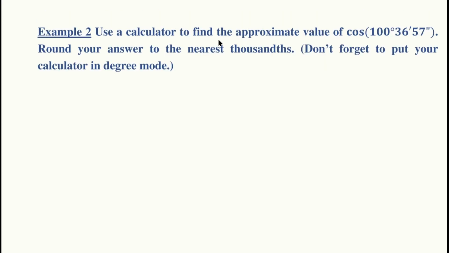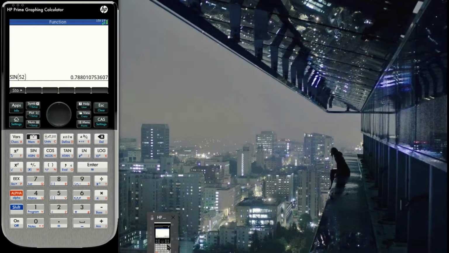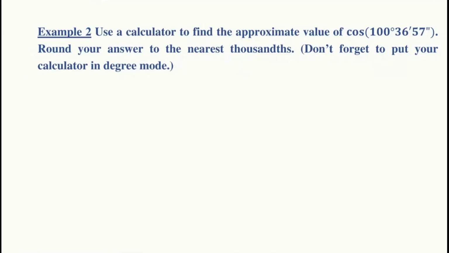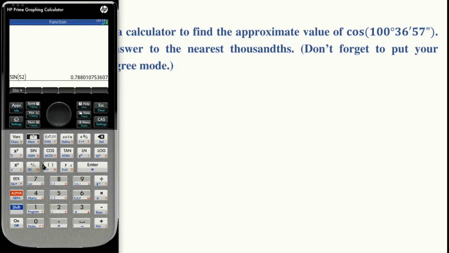All right, in this next one we're going to find an approximate value for the cosine of 100 degrees 36 minutes 57 seconds, right? Some calculators can handle degrees, minutes, seconds, but many don't really handle them, or if they do, it's not a very easy setting to get to. So the safest way to fly is to do the following. Just go ahead and type your cosine, and you can go ahead and convert this to pure degrees on the fly.